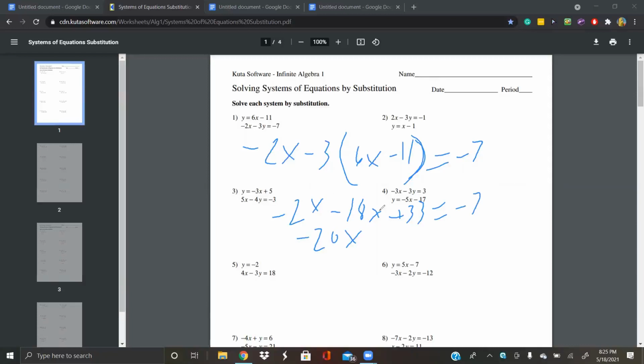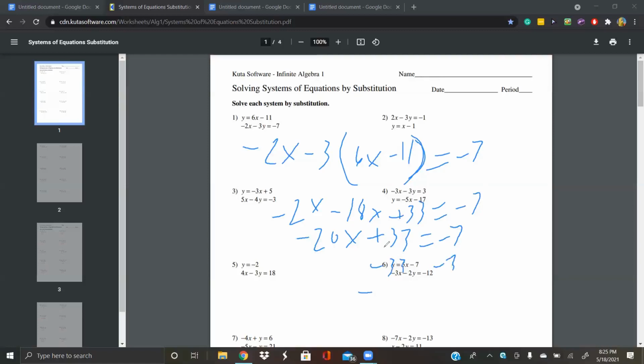So negative 20x plus 33 equals negative 7. Then we subtract 33 on both sides to isolate the negative 20x. So minus 33 and minus 33.